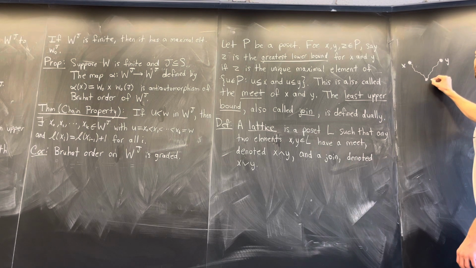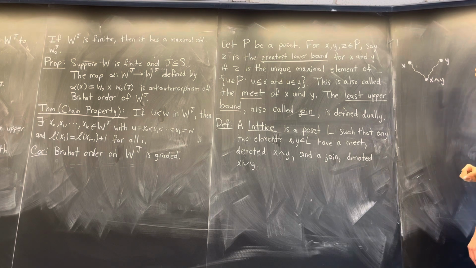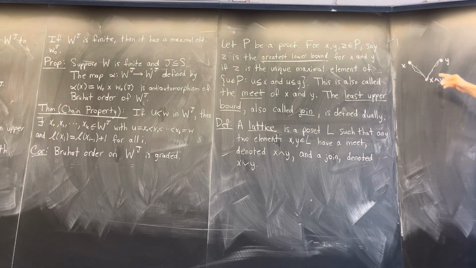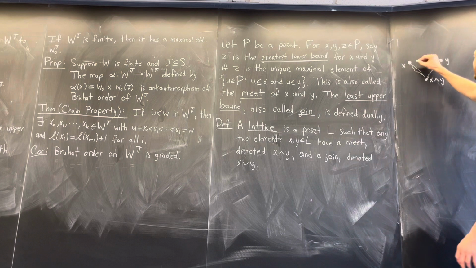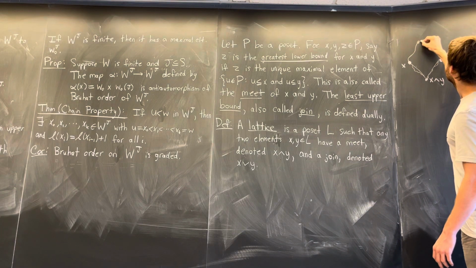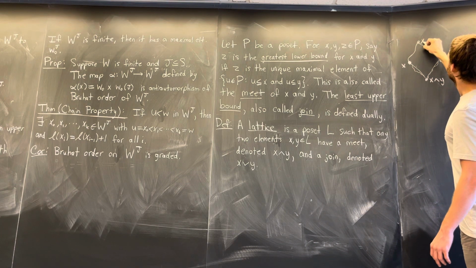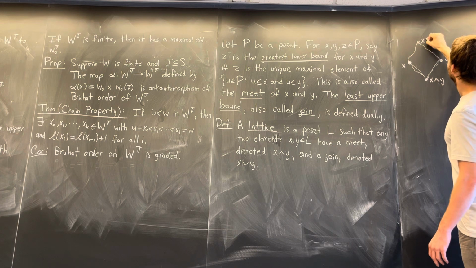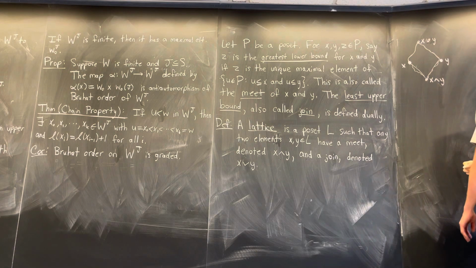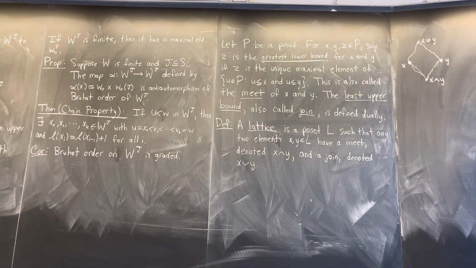So this here would be X meet Y. And you can see that the symbol we use is exactly what you would not want it to be based on what this picture looks like. And similarly, the join is up here, X join Y. So one way you could remember it is it's the opposite of what you would want if you look at this picture.